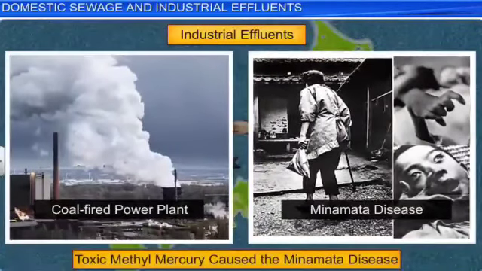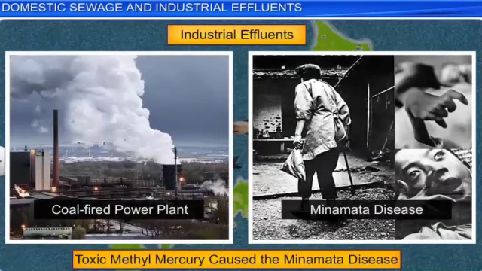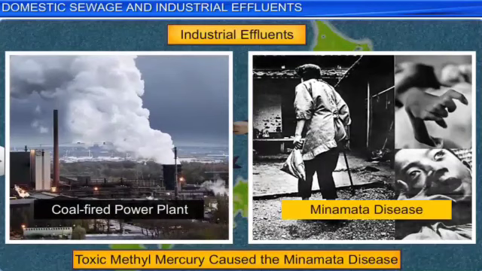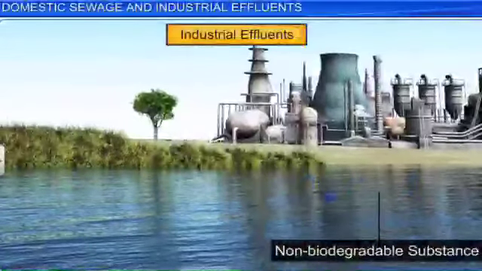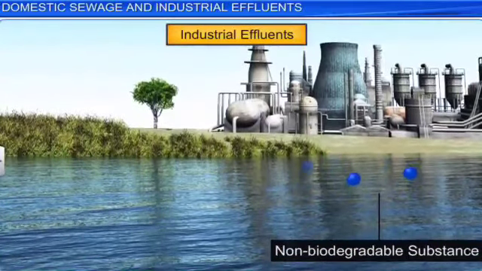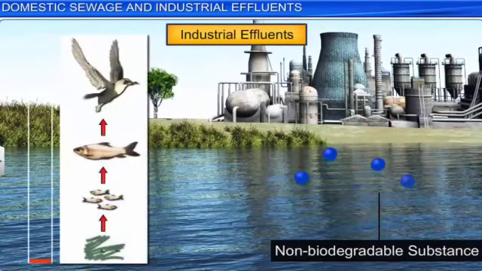This toxic methyl mercury was released into the water by industries, which caused the Minamata disease that caused numbness of limbs, lips, blurring of vision, and mental disorders. Toxic substances such as mercury, cyanide, and DDT are not biodegradable and get incorporated into the food chain, causing biomagnification of the toxicant.